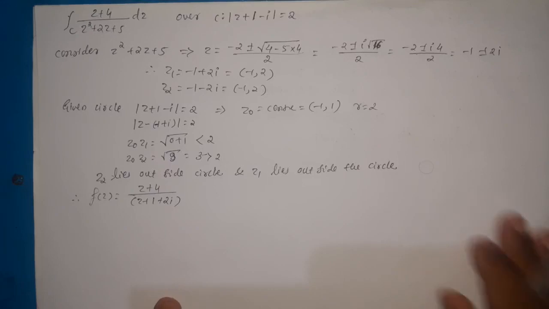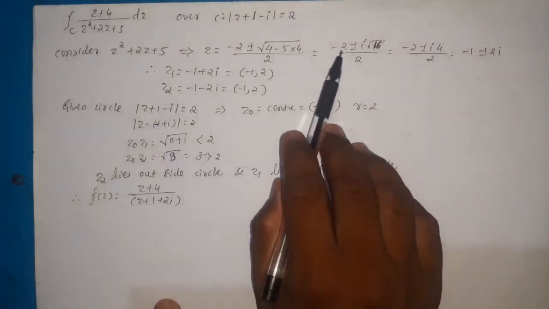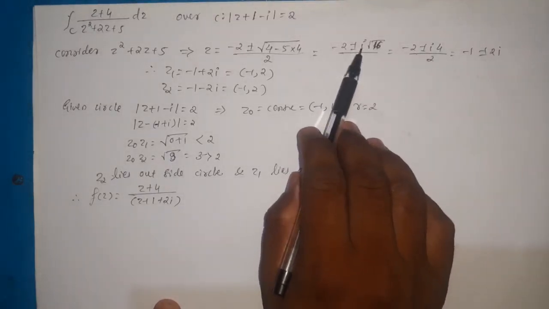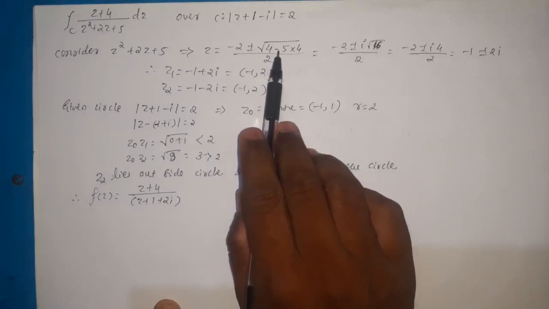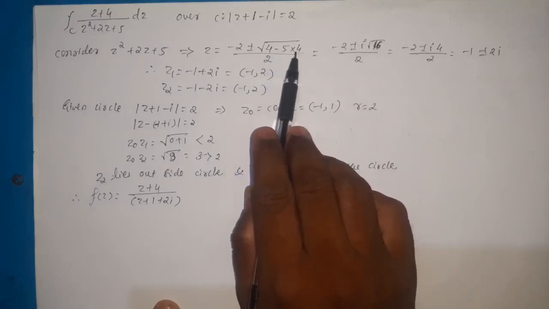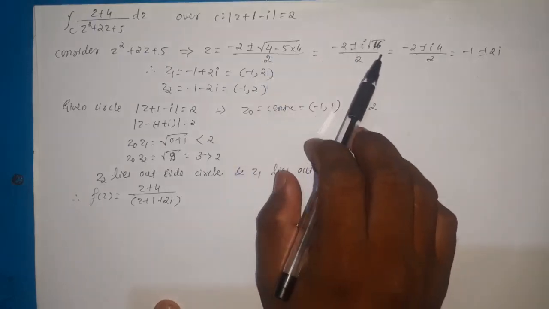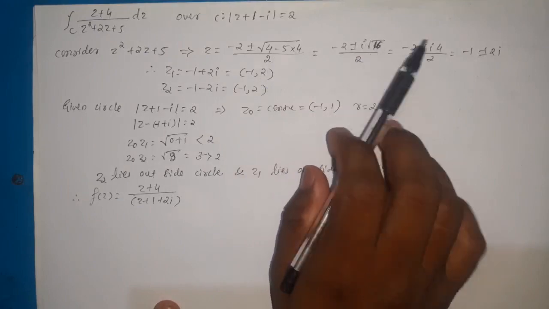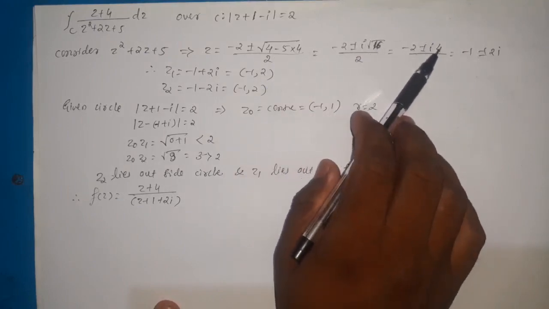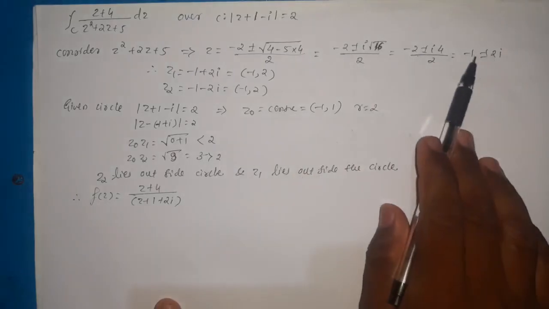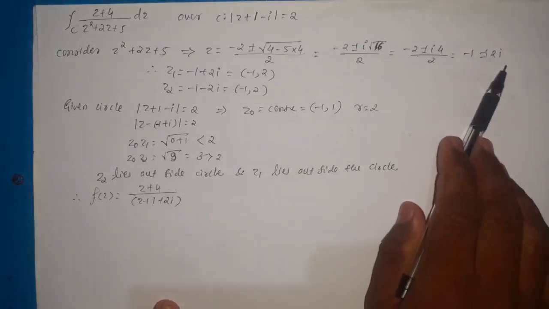After applying that formula, here we got minus 2 plus or minus square root of 4 minus 20, that is minus 16. That minus 16 can be written as i into root 16, that is 4. Then after simplifying, that becomes minus 1 plus or minus 2i.